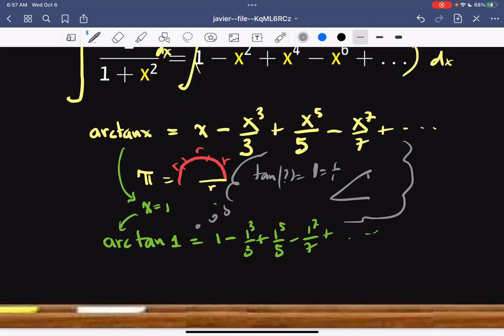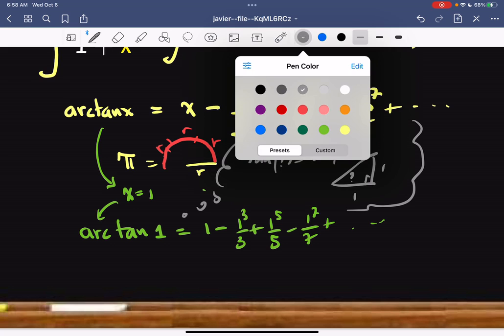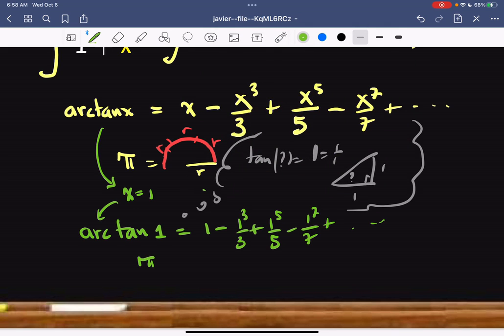So I'm thinking that the ratio is 1 to 1 of the opposite compared to the adjacent side. What angle gives me this? Clearly, that only happens on a 45-degree angle, where the opposite side is the same as the adjacent side. That's got to be a 45, 45. So the arctangent is pi over 4.